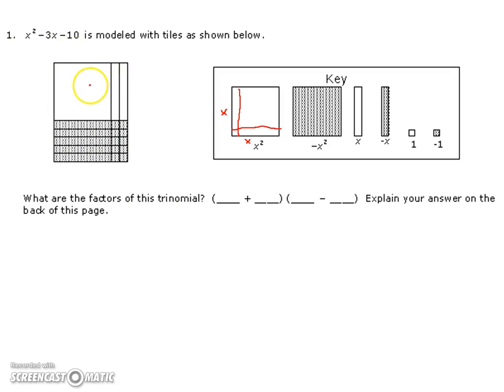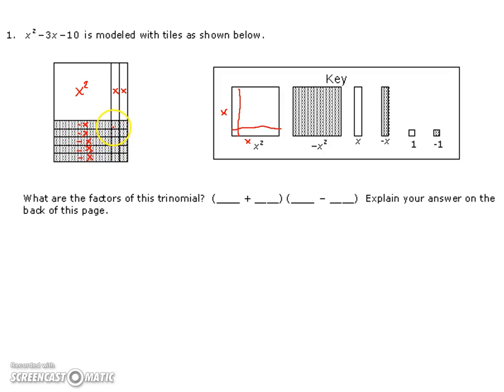Okay, so first I want you to see how this models what we have up here. The big square again is x squared. All right, these longs each have a value of x. And these each have a value of negative x. We're going to see how when you put all this together, you get the original trinomial that we started with.